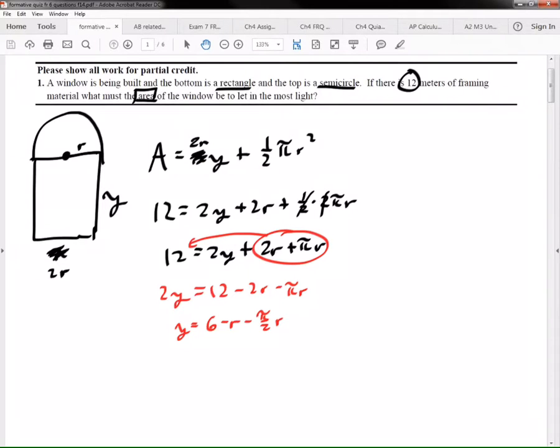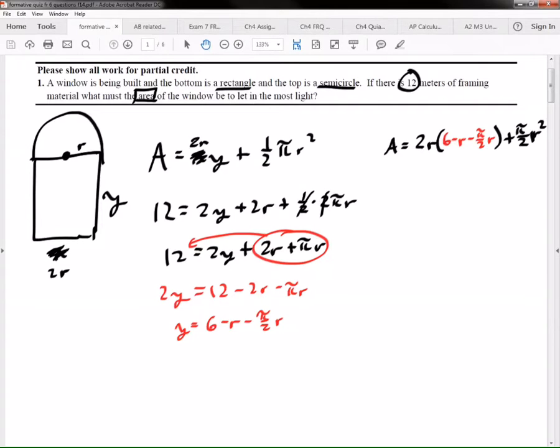Okay. So let's plug that in and see what our new area equation looks like. We have A equals, we're taking out that y, so we're going to say 2r times y, and our y is 6 minus r minus pi over 2r. And then, oh cool, no more substitution, just plus pi over 2r squared.